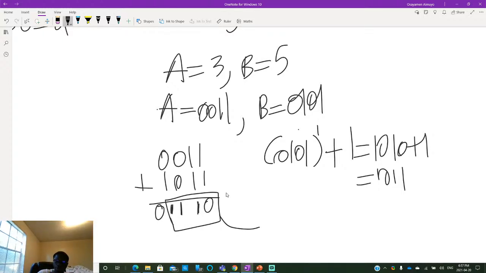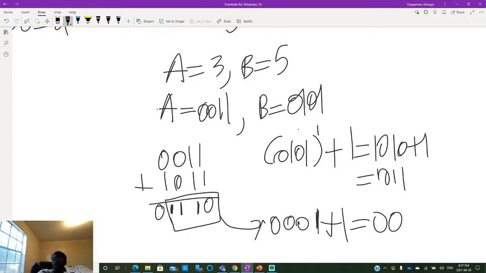For this, if we perform two's complement, if I did my addition correctly, we should get 0001, and then if you add 1, you get 0010. Remember, we always ignore the carry. That is 2.